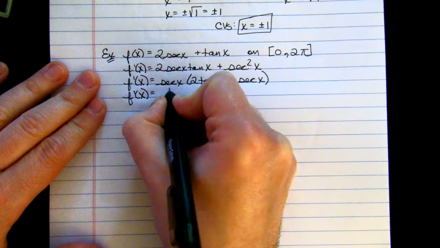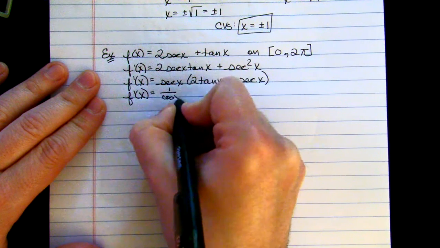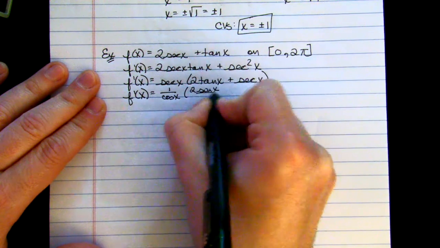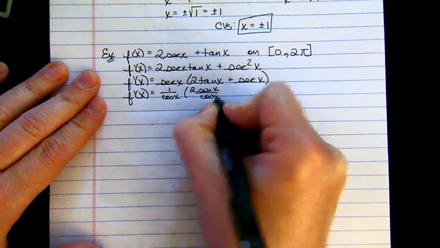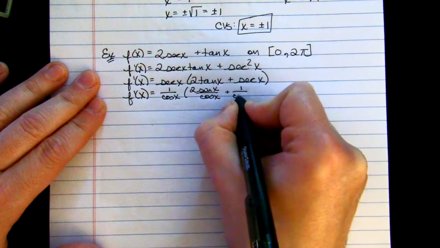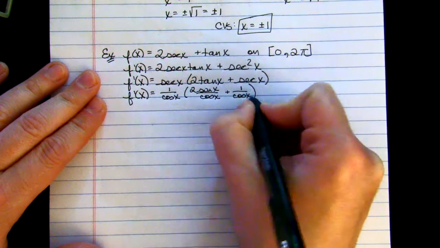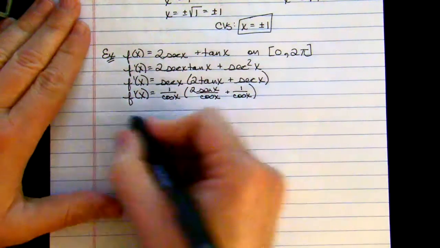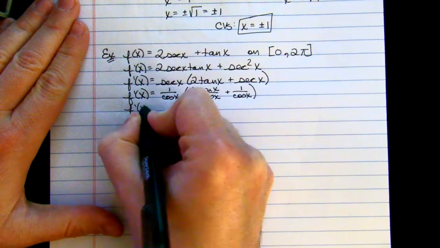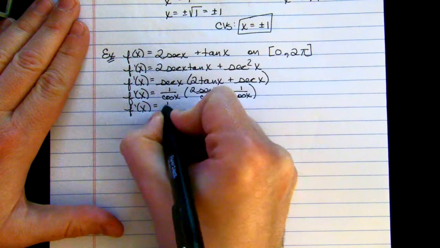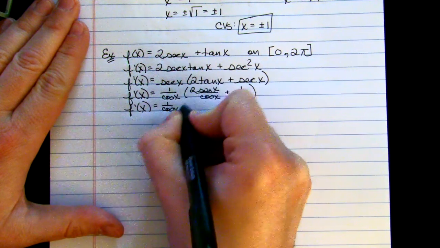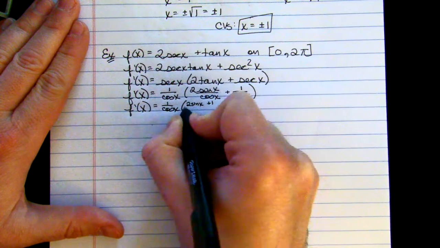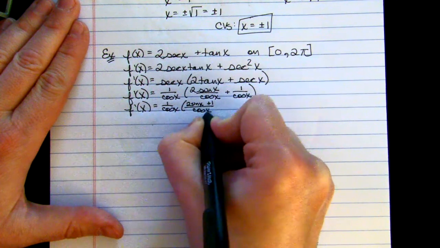So I'm going to say f prime of x equals 1 over the cosine of x times 2 sine x over the cosine of x plus 1 over the cosine of x. So that's kind of nice. I already have a common denominator happening there. So my derivative is going to become 1 over the cosine of x times 2 sine x plus 1 over cosine x.